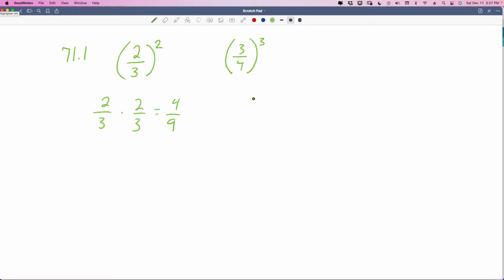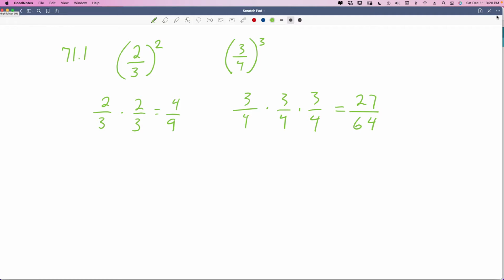And this one would simply be 3/4 times 3/4 times 3/4, which would end up being 3 times 3 times 3 is 27. And 4 times 4 times 4 is 64. All right? Easy peasy. You just treat it the same way you do a whole number and multiply it out.